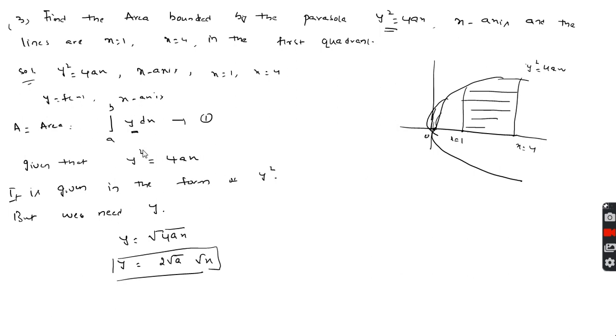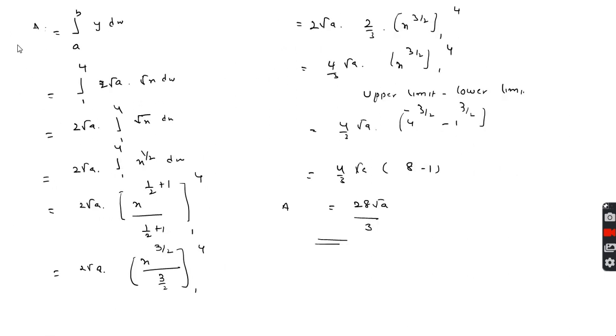So from y square equal to 4ax, y is equal to root of 4ax, that is nothing but 2 root a into root x. Okay, and next, we write the area is equal to the integral from a to b of y dx.